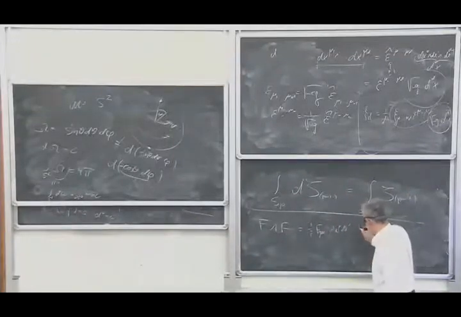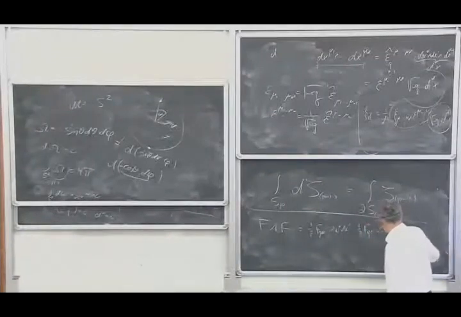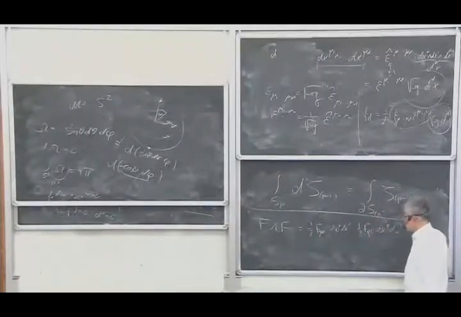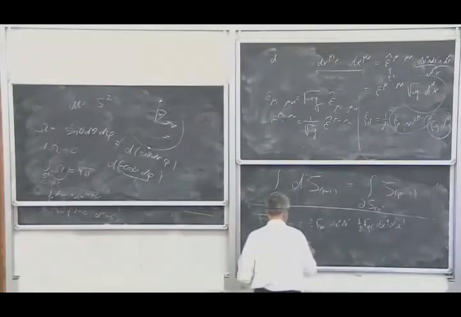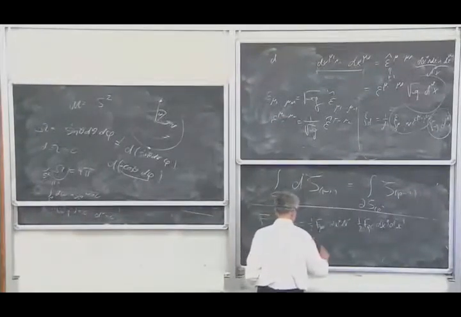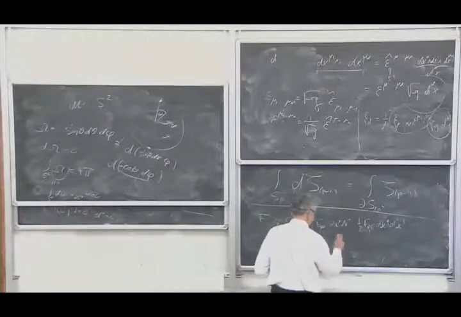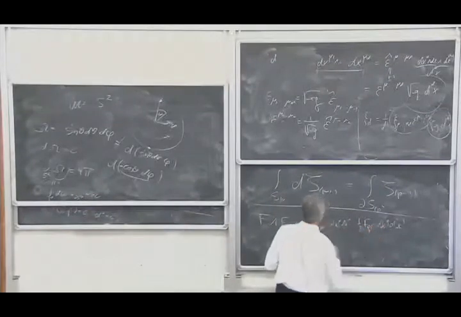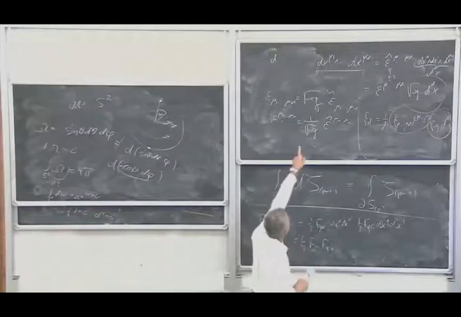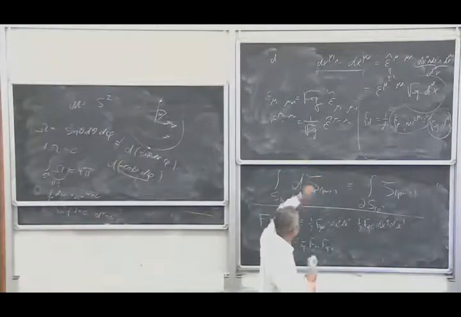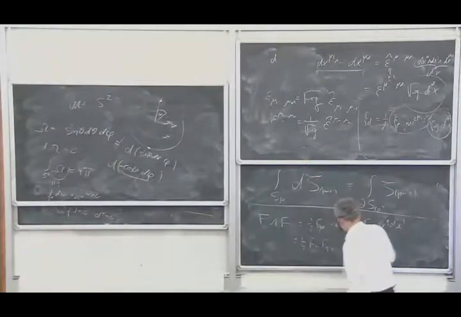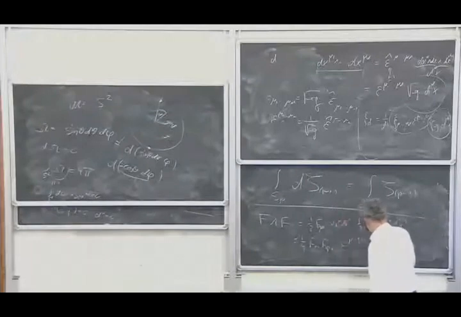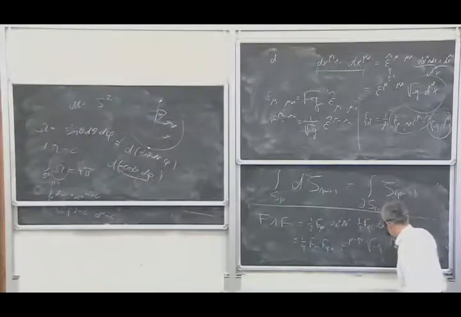So we get another half F rho sigma dx rho dx sigma. So this is then a quarter F mu nu F rho sigma. And then I get dx mu dx nu dx rho dx sigma, which from the above identity is epsilon mu nu rho sigma square root minus g d4x.